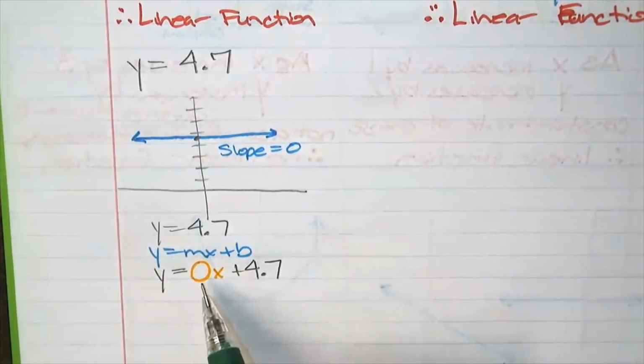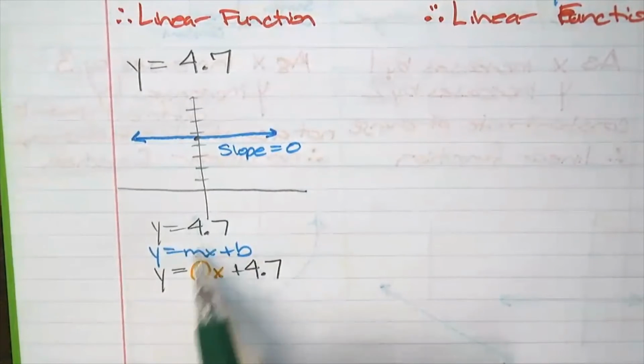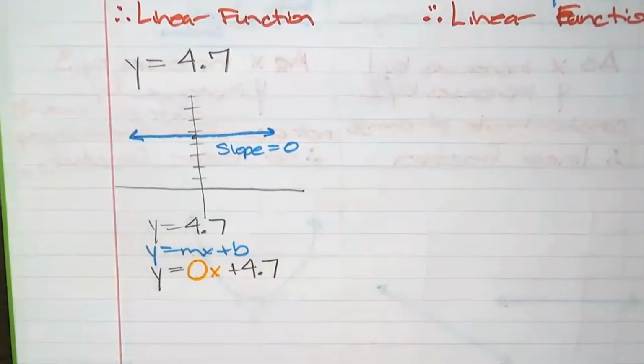We don't typically write 0x because that's 0. The mx is there, it's just invisible. So y equals 4.7.